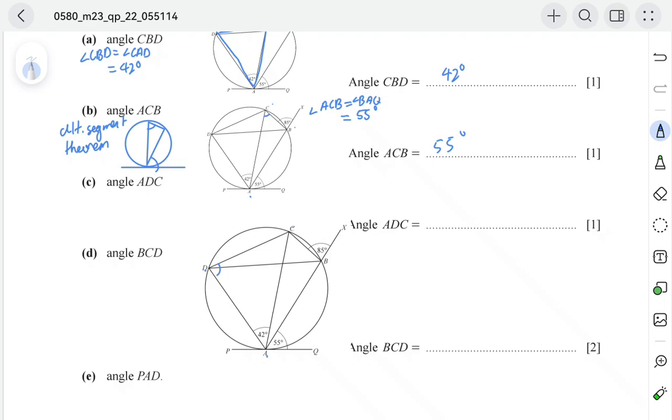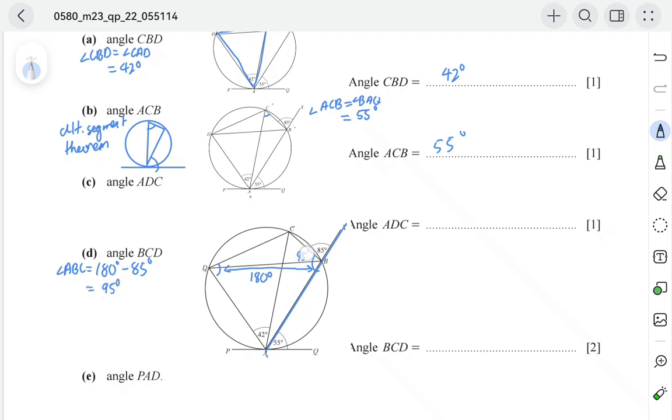So what we know about cyclic quads is that the two opposite angles always add up to 180 degrees. So line AX is a straight line, so we know that angle ABC equals 180 degrees minus 85 degrees, which is equal to 95 degrees.